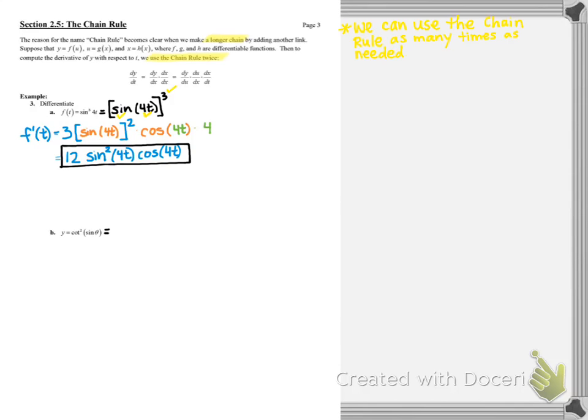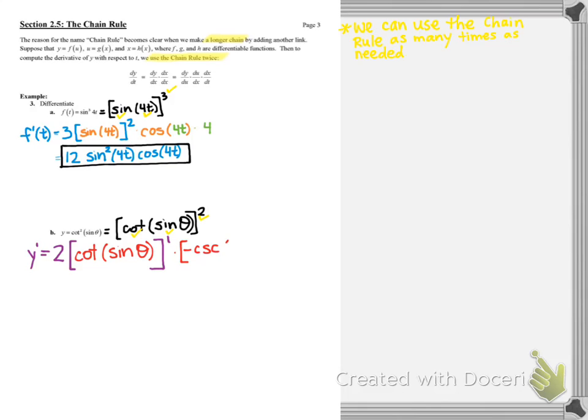If we take a look at letter B, again, we'll see that we have another 3. We have the squared, the cotangent, and the sine. So again, we will take the derivative. First we take the derivative of the 2, leaving us a 1 in the exponent. We will leave the interior the same. Then we will take a derivative of this interior, or of the red.